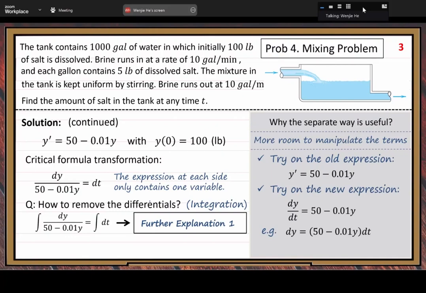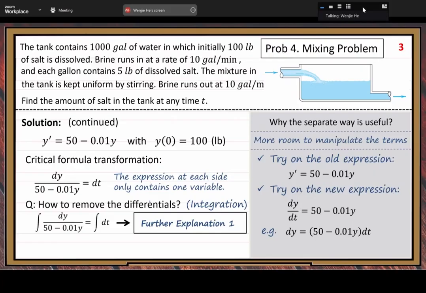Many of you can do it, but if not, remember in the first class I explained some basic calculation. After class, I record some videos called further explanation 1, 2, 3. Because each class we may lose about 20 minutes, right?